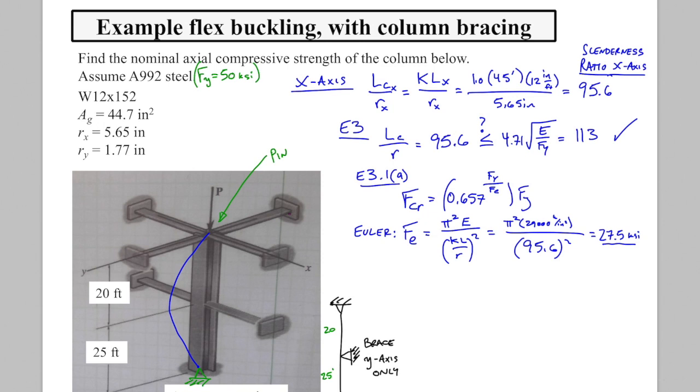We are using the AISC specification after all, so we're going to follow the guideline, because we have satisfied this requirement that puts us in the inelastic flexural buckling zone. So I'm going to plug in down here. I have 50 ksi divided by 27.5, and 50 ksi. And I end up with 25.6.